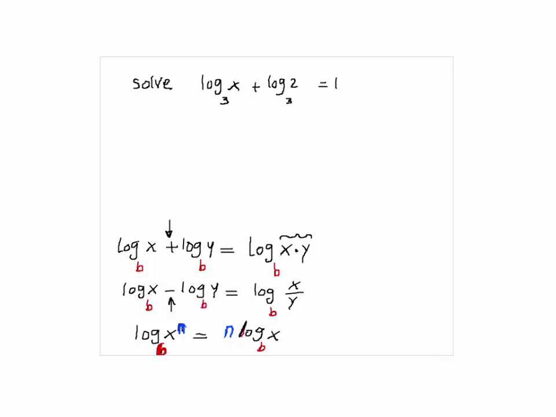So n goes right here. And there's one more. If I have log of x is equal to y with the base b, can somebody tell me how we can change this to exponential? We did this last time too. If you just reviewed the last session, everybody should know how to change this to exponential.